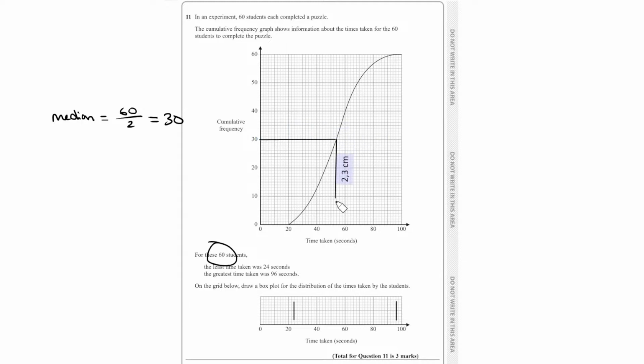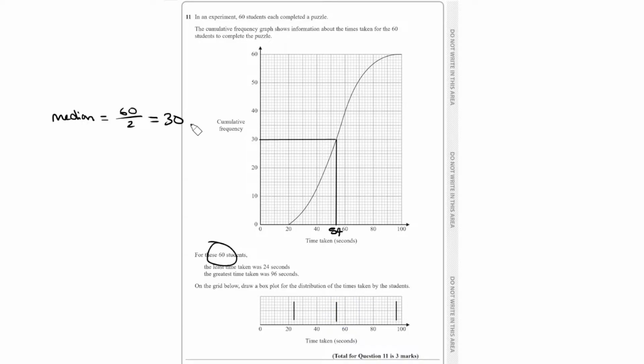You can see that should be an exact number. There shouldn't be a range of possible answers here. You should be able to see it exactly. Again, be careful of the scale. That's 50. I'd say that's 54 based on the scale. The scale actually does match up with the bottom one, so you can make sure it's lined up underneath in the box plot if you want. So 54 for the median.